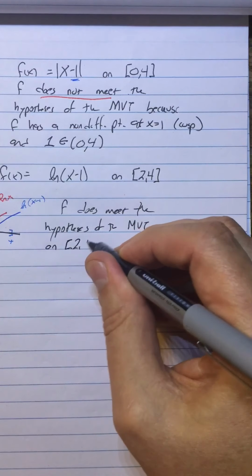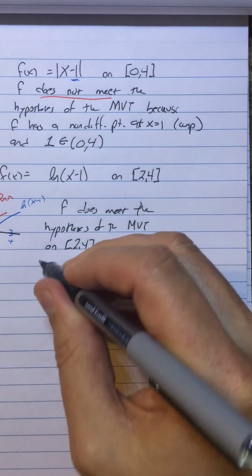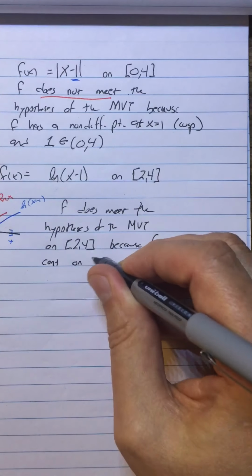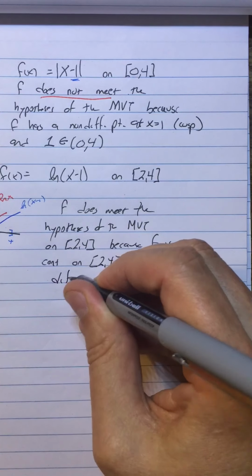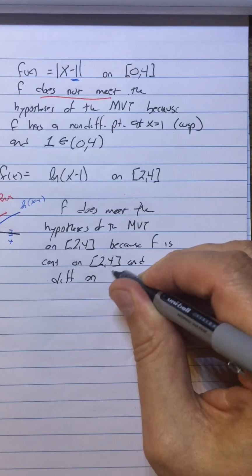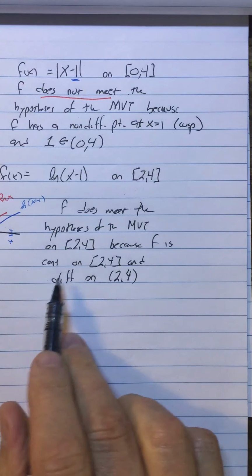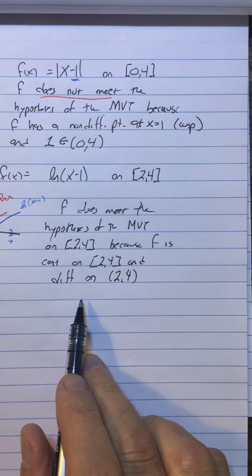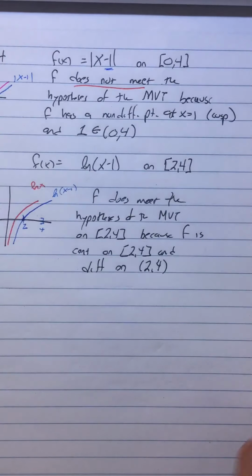It meets them because f is continuous on 2, 4 and differentiable on the open interval 2, 4. You don't have to go back and state why it's continuous or differentiable. You just have to state that it is, and we observe from the graph that it is. Then we have to go the next level and do part B. It says, if it does, find each value of C.